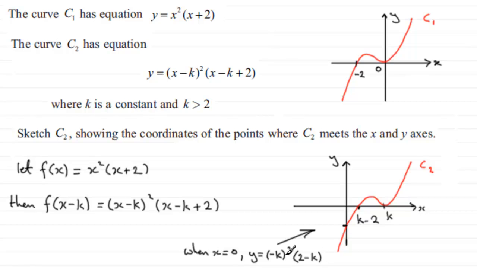So we've got minus k, if you square it, is going to be k squared, and then that is being multiplied by 2 minus k. So hope you can see that, but that's where it crosses the y-axis at the point (0, k squared (2 minus k)). Alright.